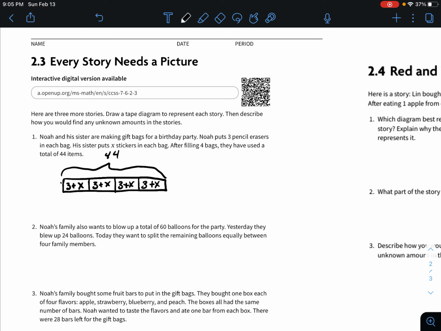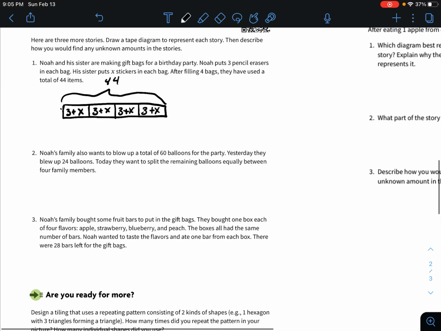All right, so there we've drawn our tape diagram. If you wanted to, we could go through and solve this and find X. I'm not going to worry about that right now. Right now I just want to make sure we can write the tape diagram.